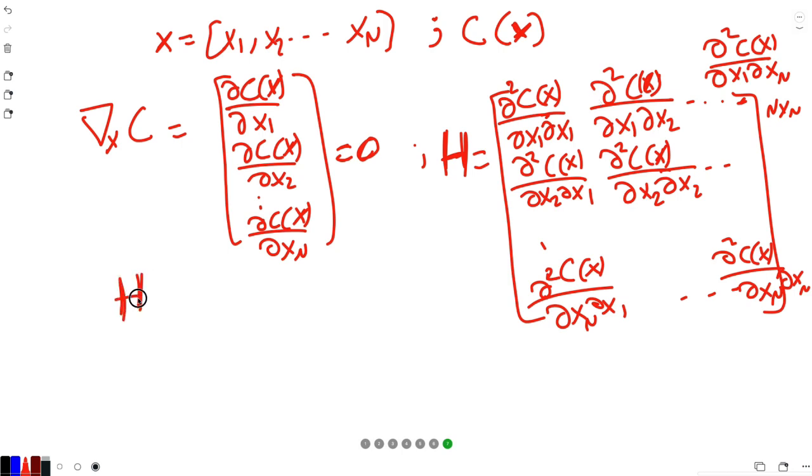This is a very important property because it means that the eigenvalues of this matrix will be real numbers, and we will see later the importance of this property, because the Hessian matrix determines the convergence rate of our gradient algorithms to find the optimum points. But we will come later to this point.